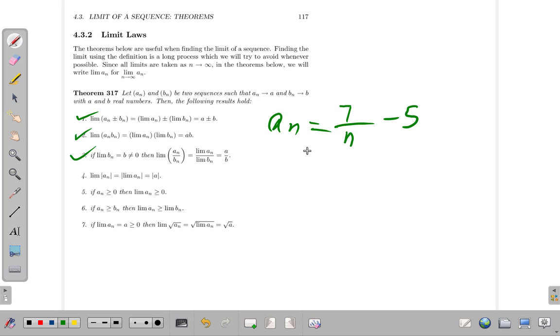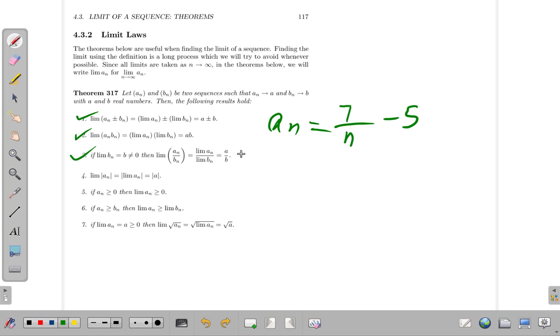Alright? 7 over n minus 5. Now, if we have the negative value of this and we take the modulus, it will become the positive value, right?